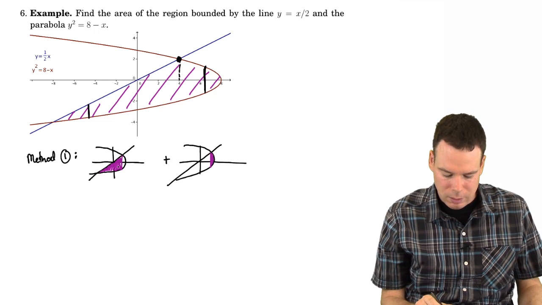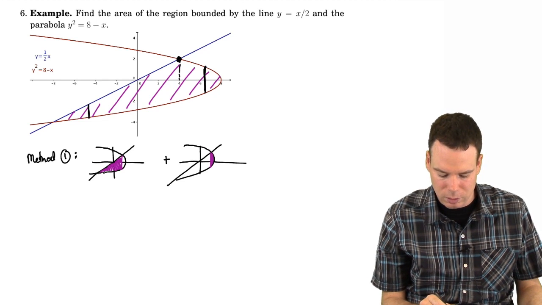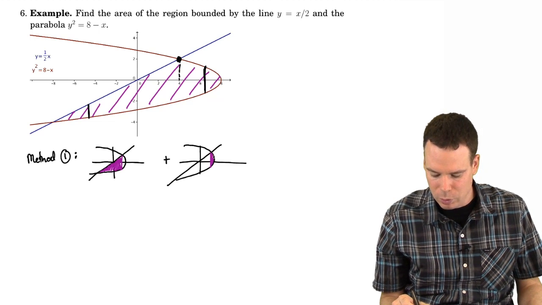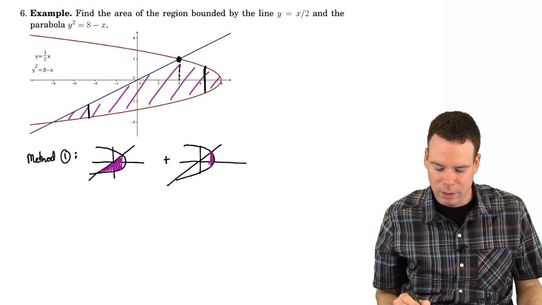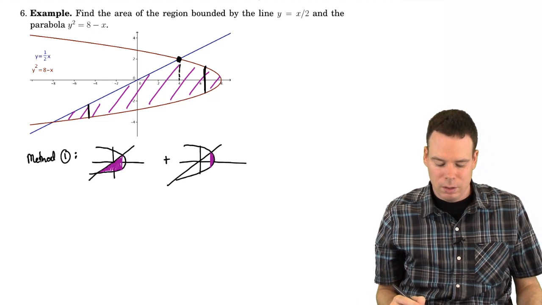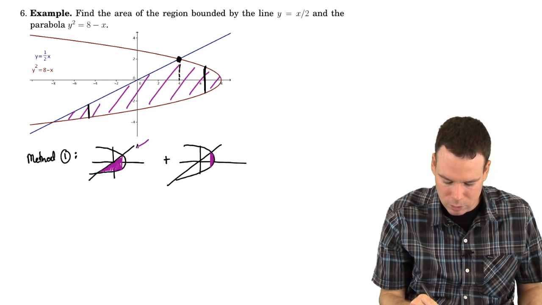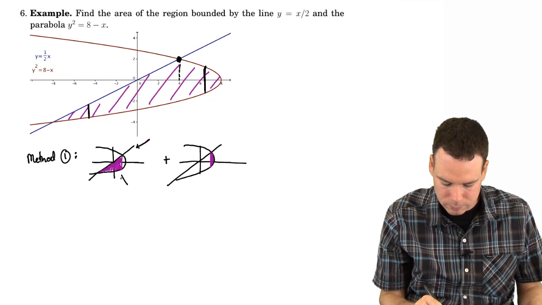Well, because in each of these cases, the upper curve and the lower curve are consistent. This one's always the linear function, this one's that red curve. Whereas in the other one, both the upper and the lower ones are going to be related to the red curve.